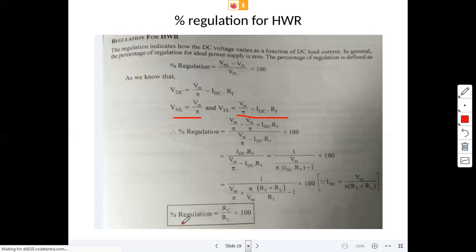Finally, percentage regulation is equal to RF by RL into 100. In a half-wave rectifier circuit, percentage regulation mainly depends upon RF by RL. The ideal value is 0, so for an ideal power supply the percentage regulation is 0.